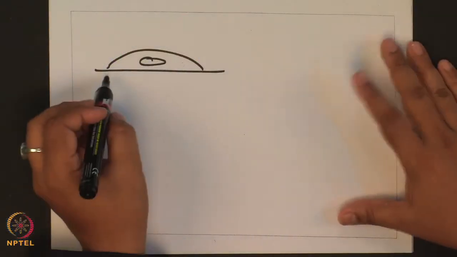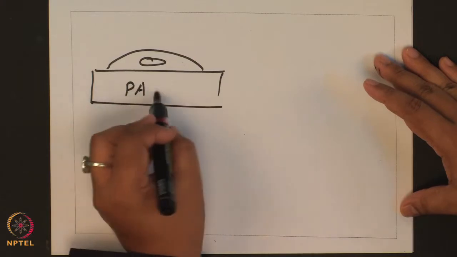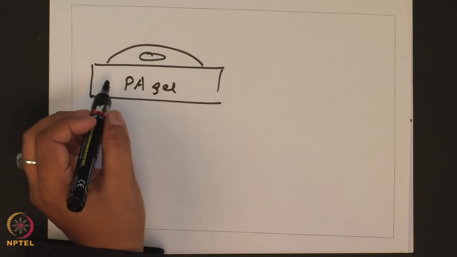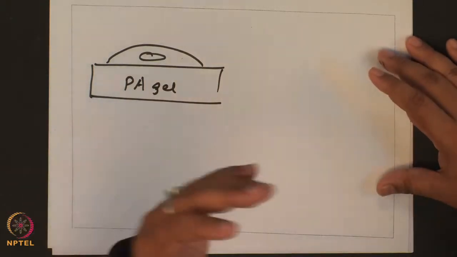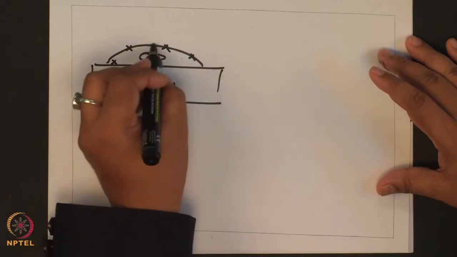Okay. So, with these models, if I were to draw a picture of a cell like this, it has a finite spread, sitting on a PA-gel, let us assume. Okay. So, you use this formula and let us say you try to go out and find out the stiffness at 4 different points.